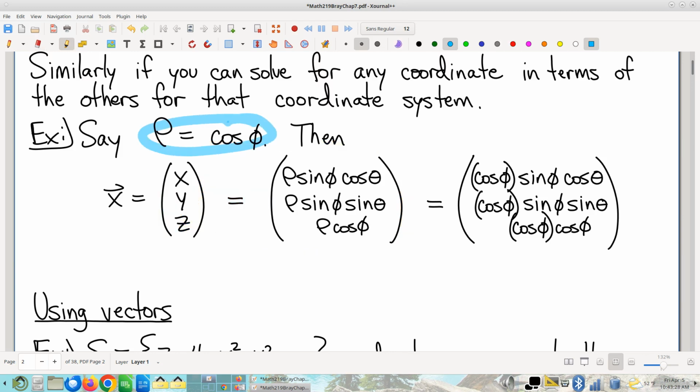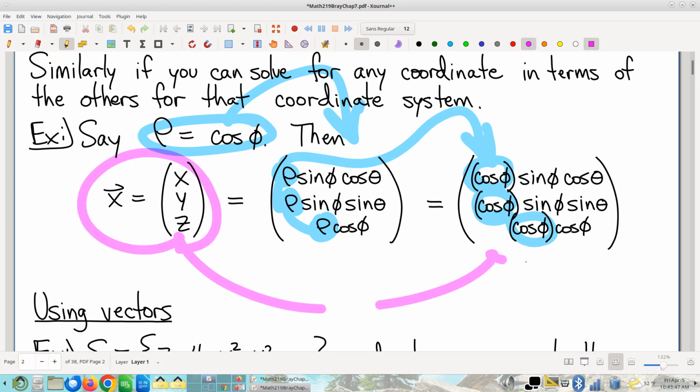I have here a formula for rho, and so all of these rho just become cosine phi. And as required, we have position as a function of two parameters. Again, our independent variables, phi and theta, the input variables, are our parameters. So, again, victory.